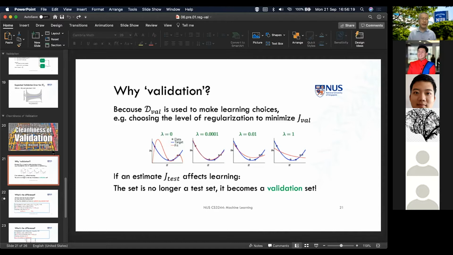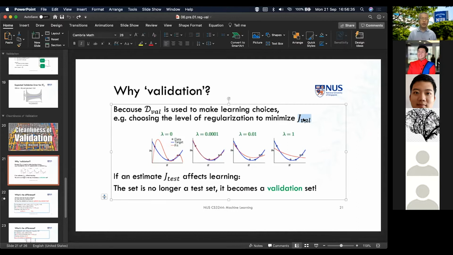For example, in the first part of this lecture, we said we are going to set regularization, and we showed you this chart, which illustrates what effect regularization has on our validation error. We're going to pick whatever value seems the best for the data set that we have.